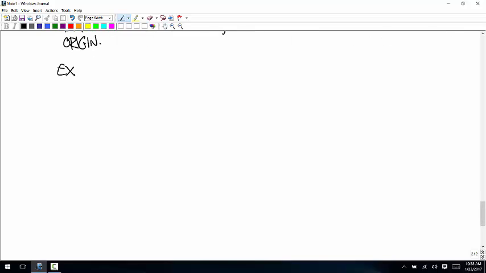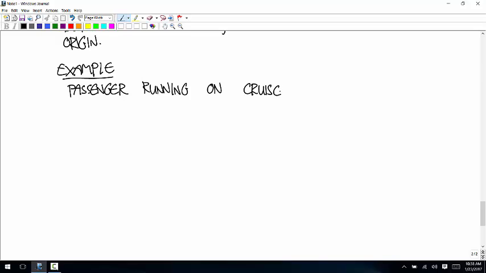Okay, let me do an example. So let's say there's a passenger running on a cruise ship, and there's a camera on the ship that you can use to take measurements of the person running.